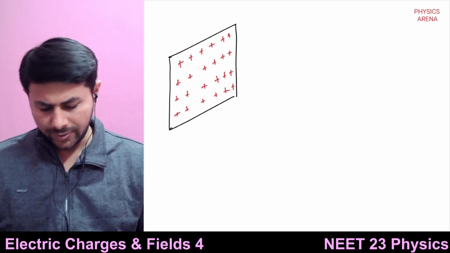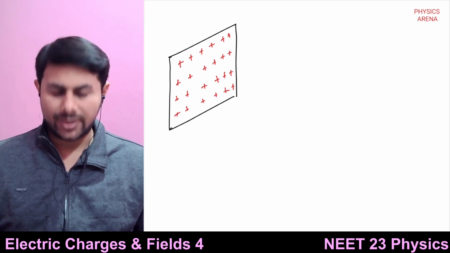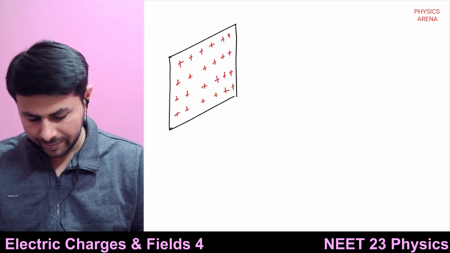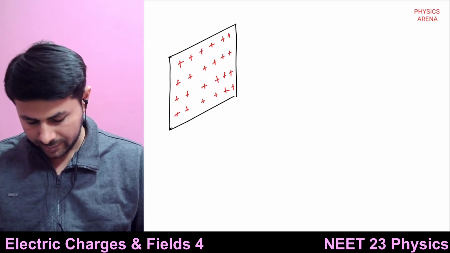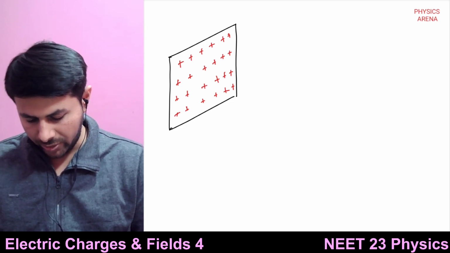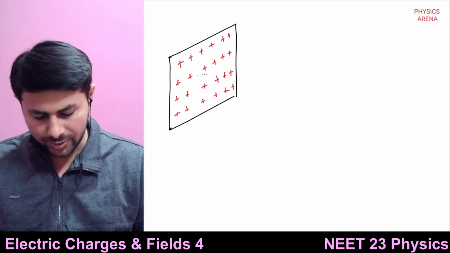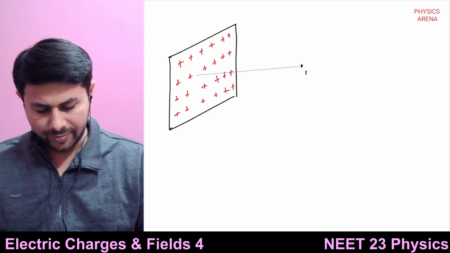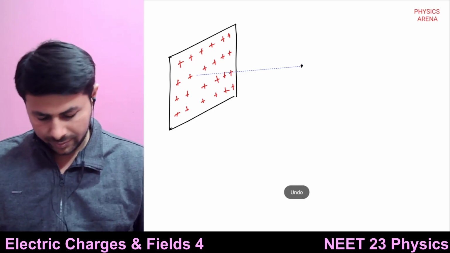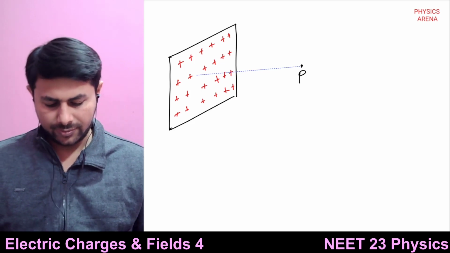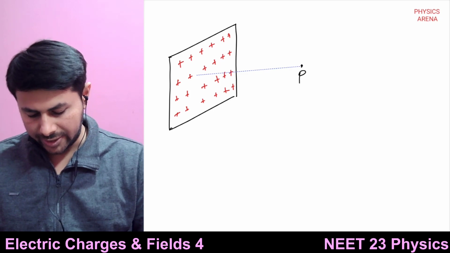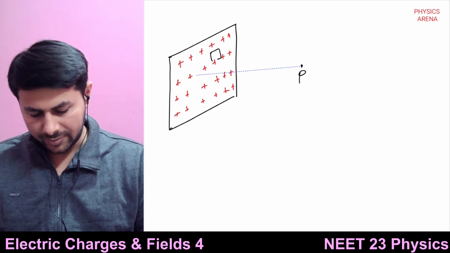Now how will you find out the electric field due to this charge sheet at, let's suppose, this point P? So what you do is you take a small section of this area, like this.